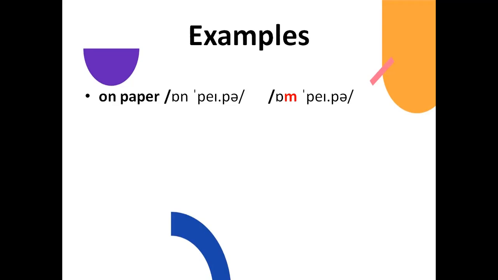So remember, whenever the n sound is followed by the p sound, it will be changed into the m sound. Same is in print. Again, the n sound is there and the p sound is followed by it. So it will be changed into imprint. You'll not say in print, rather you will say imprint.